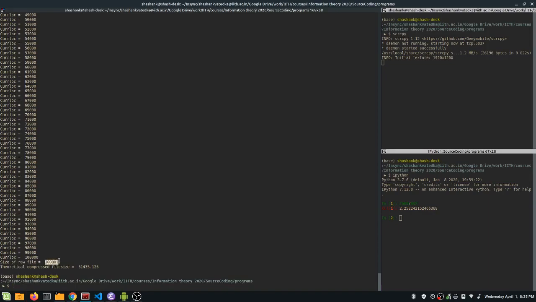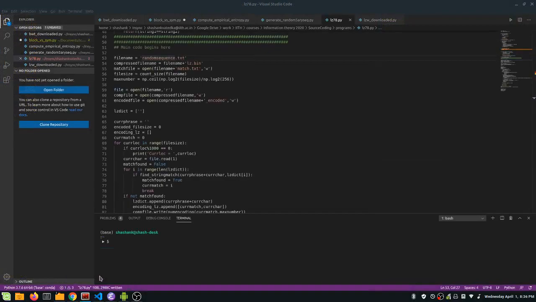The raw file has 100,000 bytes, 100 kilobytes, whereas the compressed file size is just around 51 kilobytes. Let's look at the empirical entropy rate of this file.